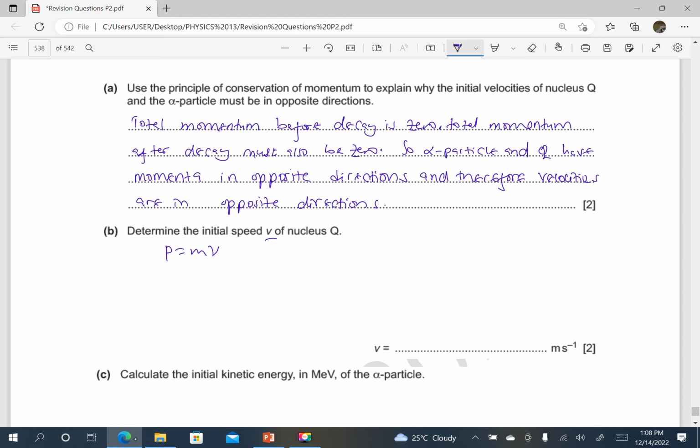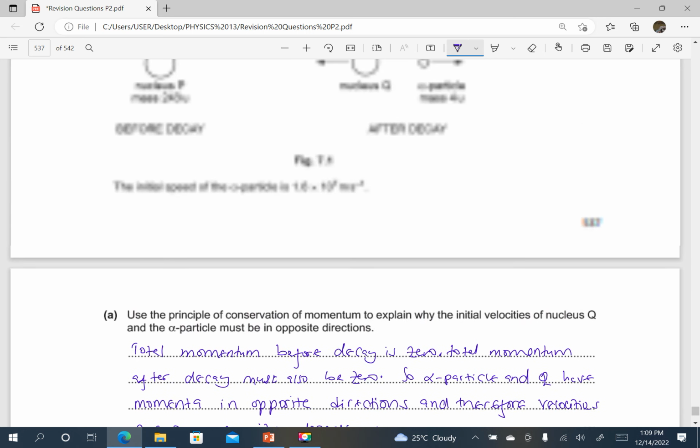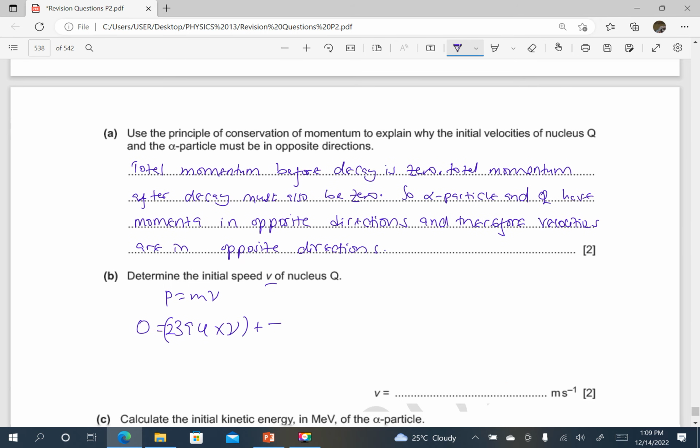Total momentum was 0. 0 is going to be, after: for Q, the mass is 239 u times its speed, which we don't know. The other one is in the opposite direction, so I'll put a negative, and it is 4 u times its speed, which is 1.6 times 10 to the power 7.